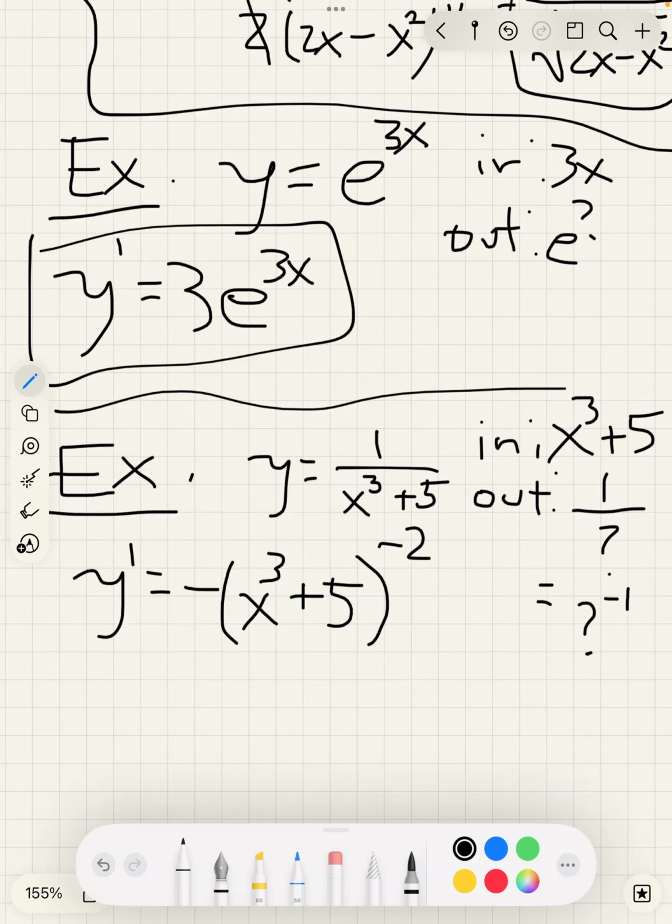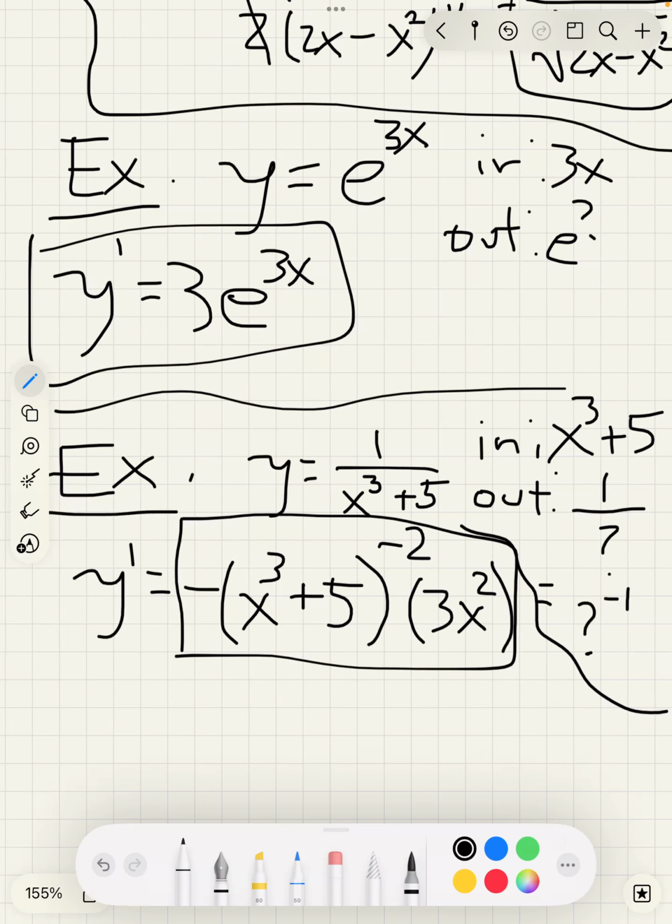So I've done the derivative of the outside. Now I need to multiply that by the derivative of the inside. So the derivative of x cubed plus 5, we can use our power rule. That's going to give me 3x squared. Box that off there. All right, so then that's the answer. But remember, there are other ways you can write this.